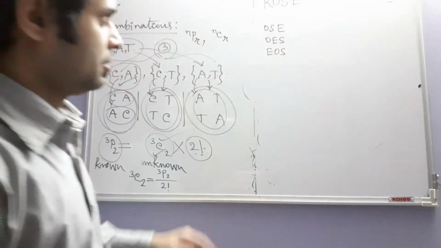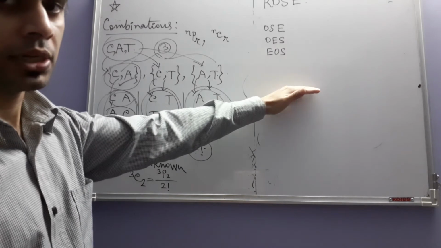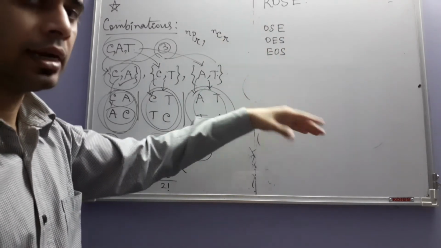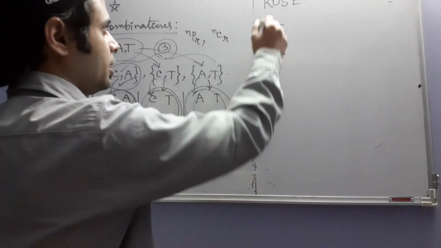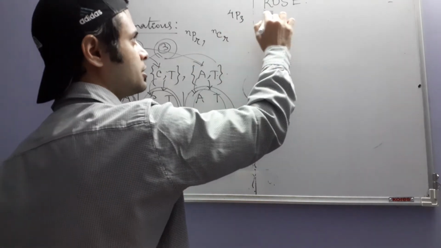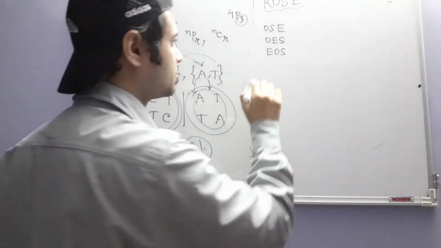But instead of writing the permutations with all the objects involved, I choose to take only 3 objects and write the permutation. So here I am counting 4P3. Out of 4 distinct objects, I am choosing 3 and writing the permutations.